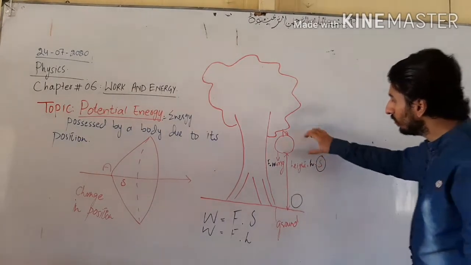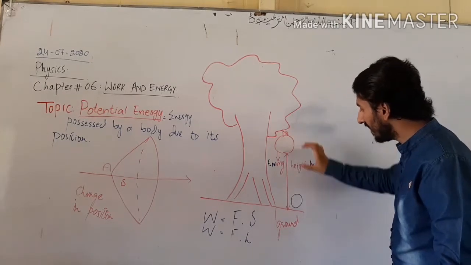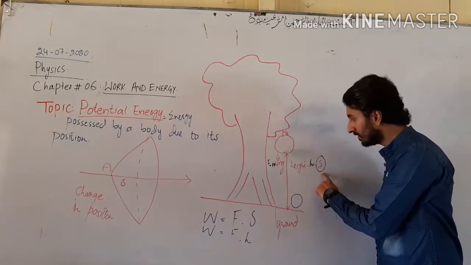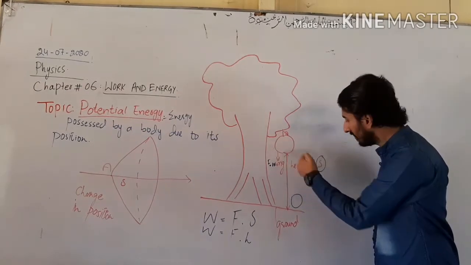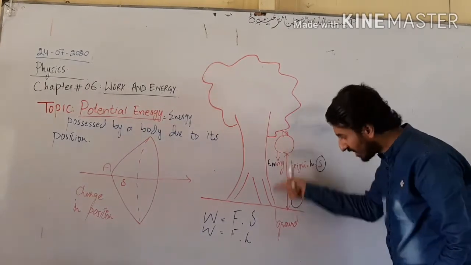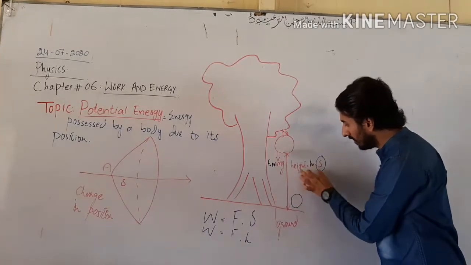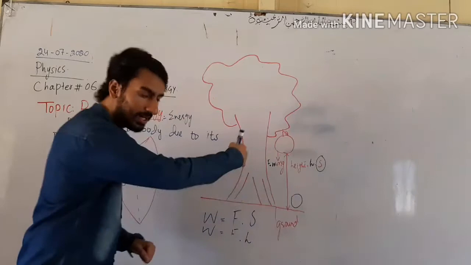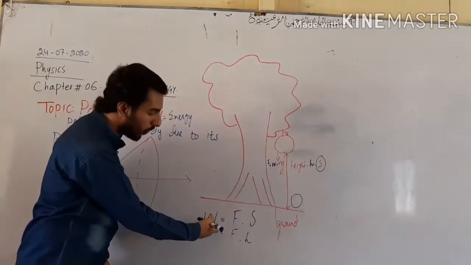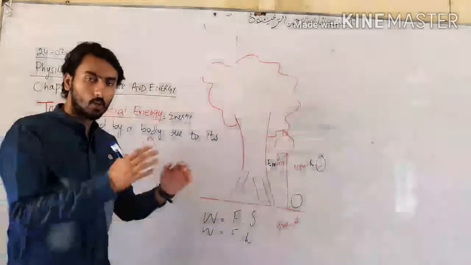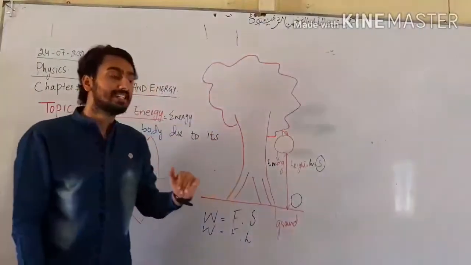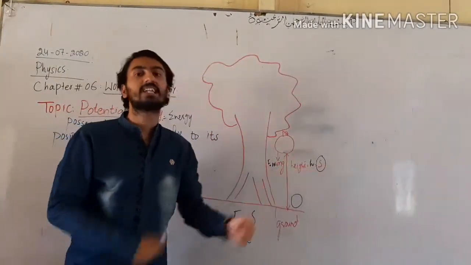So in order to change its position from here to here, it covers some distance. Force is acting on the apple, covering distance in the direction of force. This covered distance is equal to the height. So what is all this? This is work done. What is work? Work is when a force acts on a body, and the body covers some distance or displacement in the direction of force.